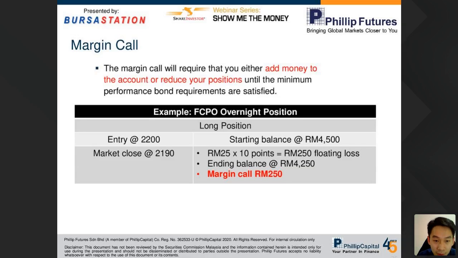I'll show you an example on an FCPO overnight position. One thing to note is that a margin call will only be triggered on an overnight position. For any intraday position, there's no margin call. The first example is on a long position.